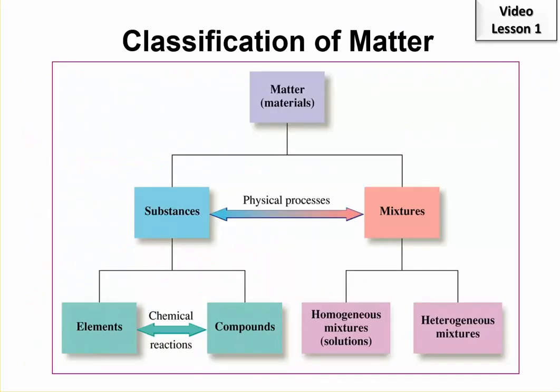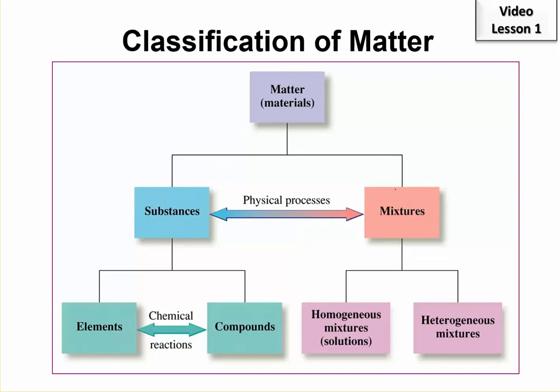Okay, next thing we're going to do is classify matter. This is kind of a standard thing you do in every chemistry class. You kind of categorize matter by the types of particles that it has. In other words, if we start up here with all types of matter, we could divide this into those things that are pure, and we call those substances, and those things that are mixtures.